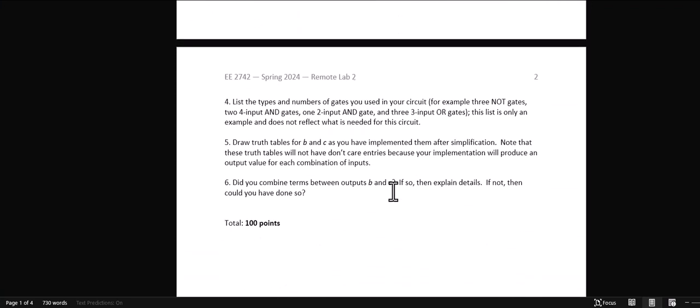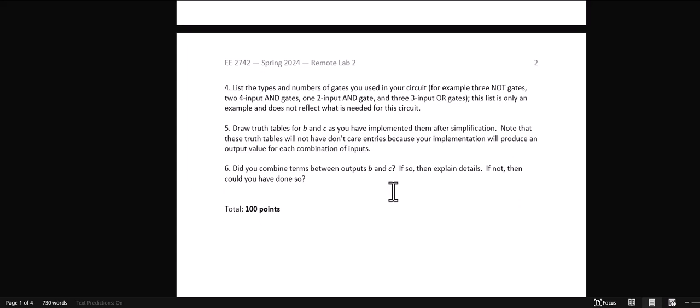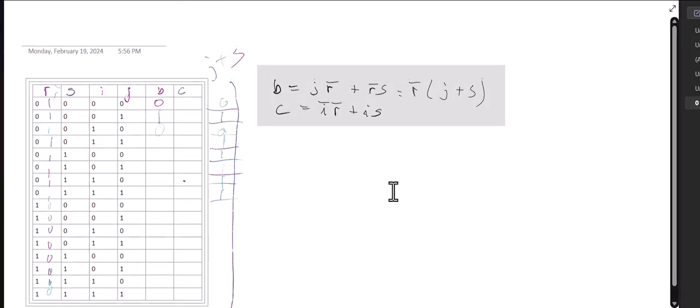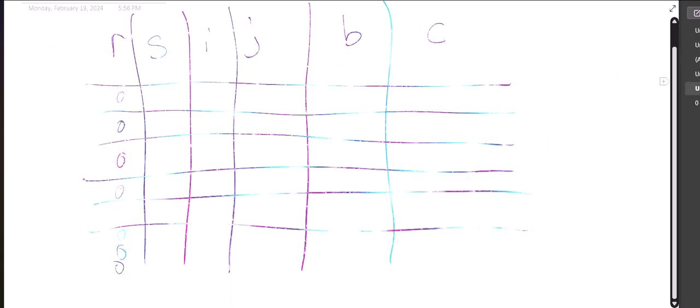Truth tables. Did you combine terms between outputs B and C? If so, then explain details. If not, then how could you have done so? Let's look at our circuit and see if we did.